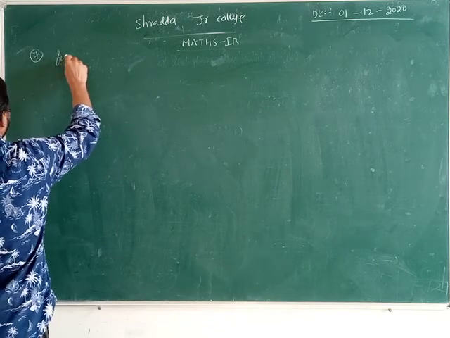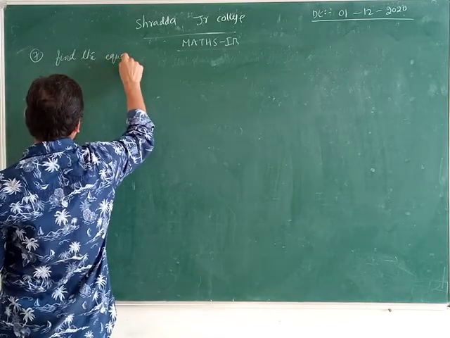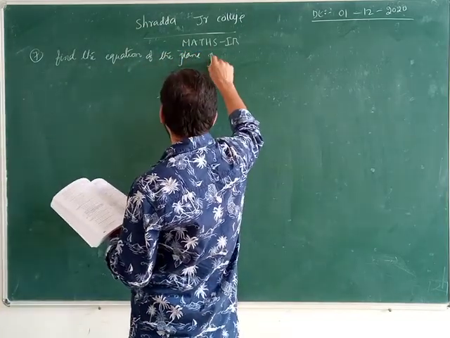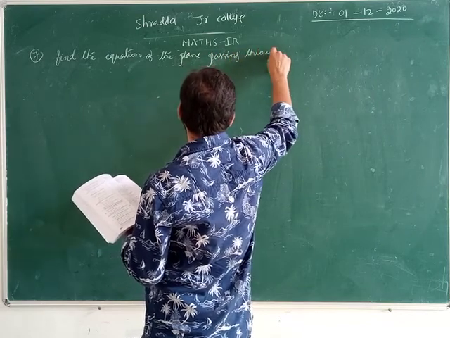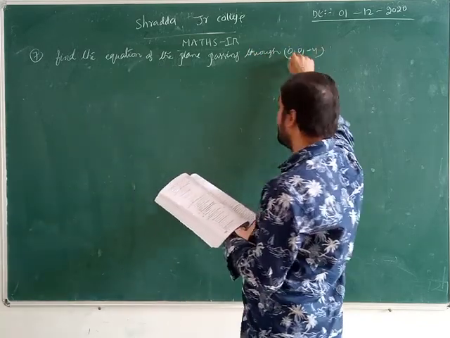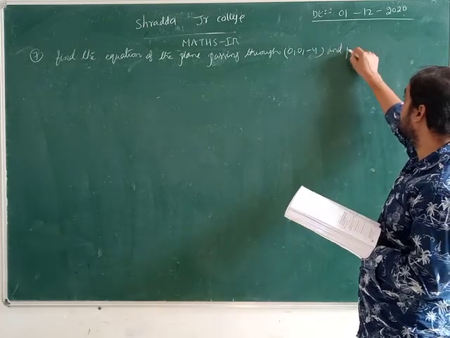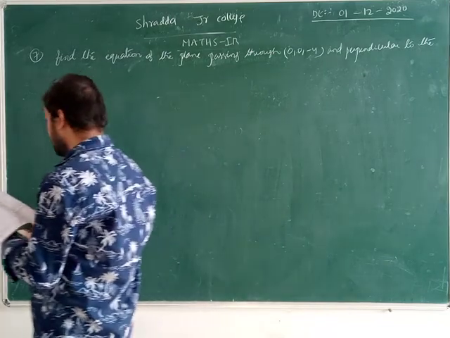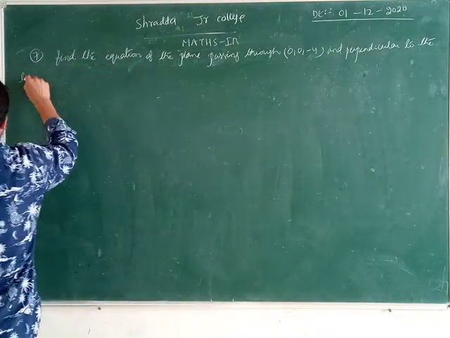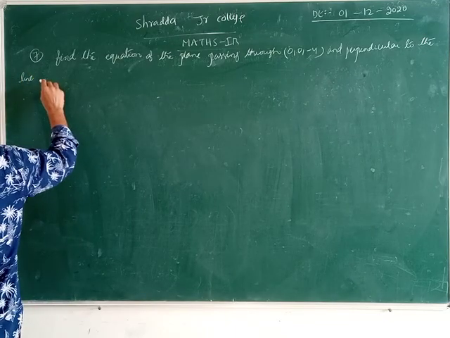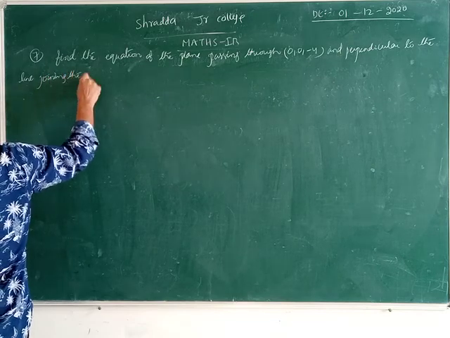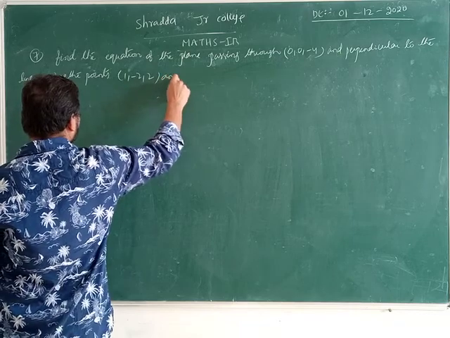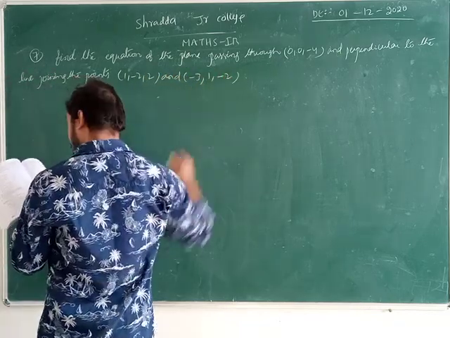Find the equation of the plane passing through 0, 0, minus 4, perpendicular to the line joining the points 1, minus 2, 2 and minus 3, 1, minus 2.